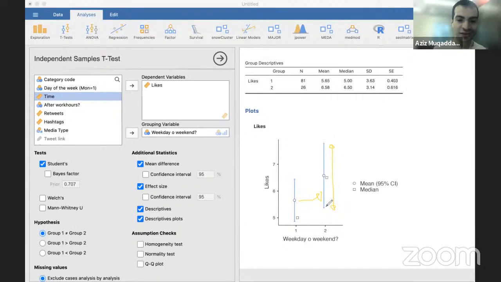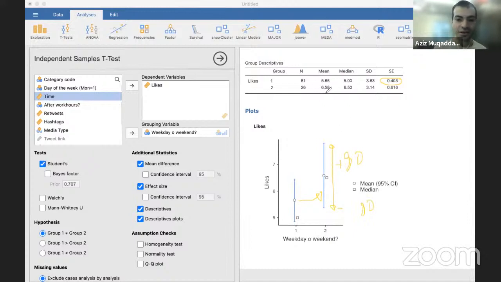These confidence intervals, by the way, are coming from those standard errors you see right here, right? So one standard error is like 0.40. Two standard errors are 0.80. So the confidence interval is 0.80 plus the mean, and minus 0.80 below the mean score, right?